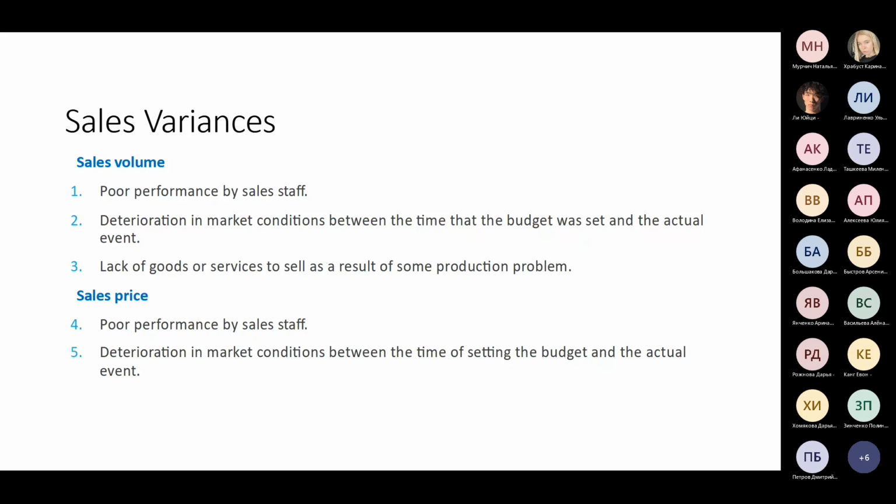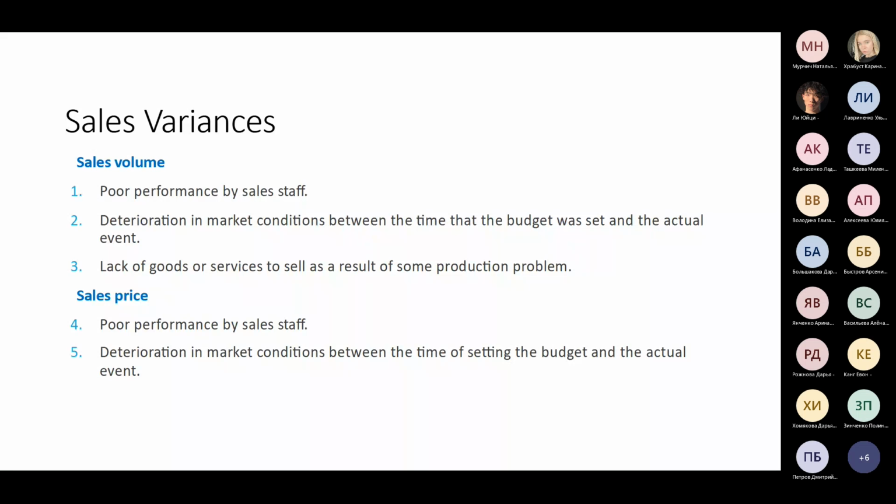First of all, due to poor performance by sales staff, deterioration in market conditions, lack of goods or services to sell as a result of some production problem, or as a result of some prediction made to create a budget. For example, if we know exactly that we can produce and sell 100 items, but in our budget we have included only 80 items, it means that a bad forecasting system made our budget irrelevant, and therefore sales variances may occur.